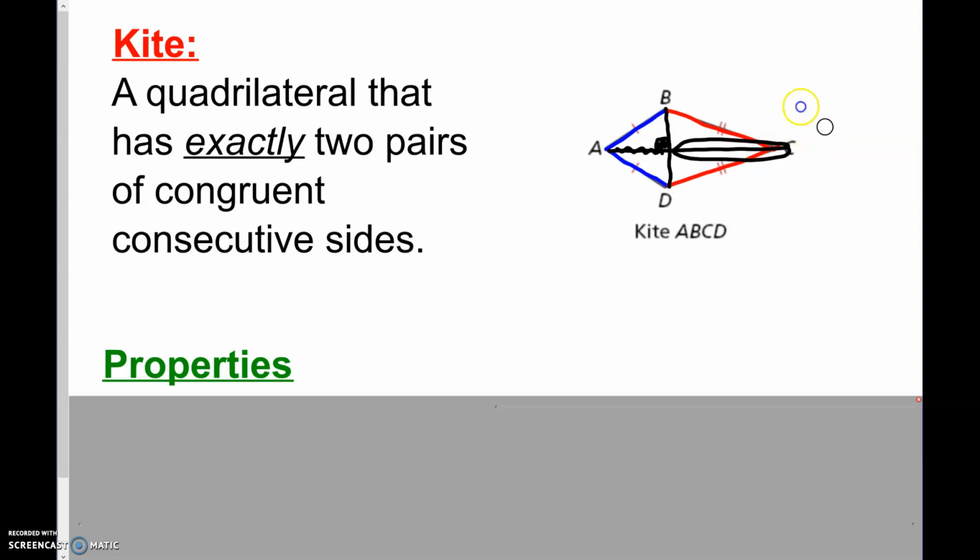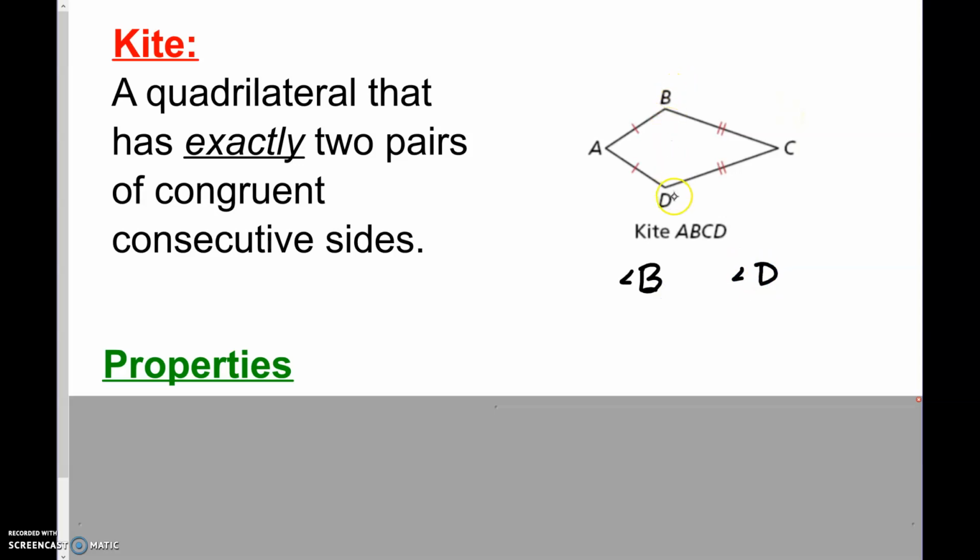Okay, another thing to look at, let me get rid of this writing here. If you look very closely, look at the angle measures of A, B, C, and D. More specifically, look at angle B compared to angle D. What do you notice about them?